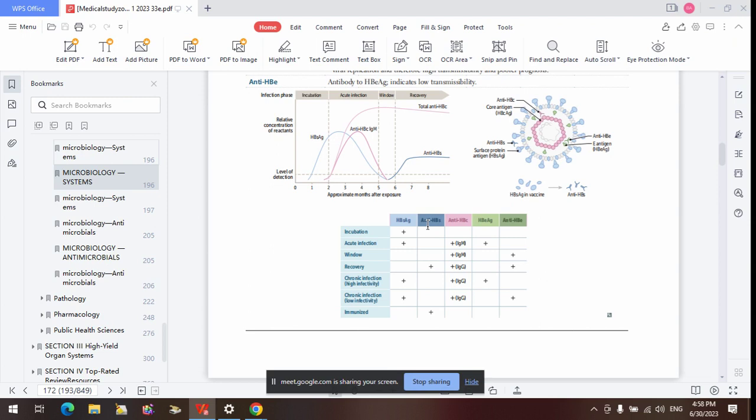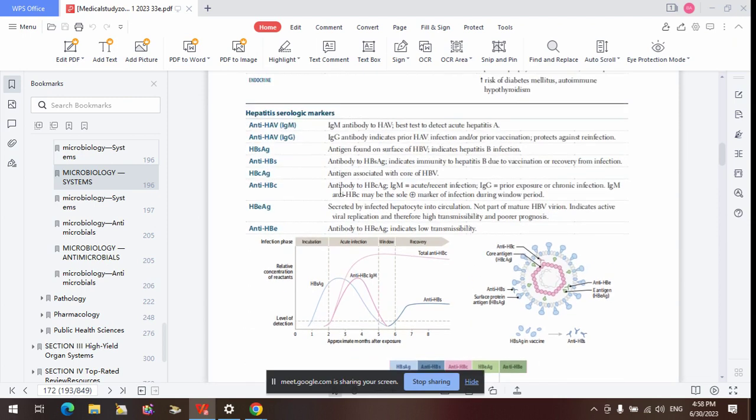But Dr. Bawale, how come the immunization does not provoke formation of IgM or IgG? That's what I'm saying: the component of that vaccine doesn't contain the core. Look at the core antigen, HBc antigen. The antigen they are giving is only for the surface, not for the core.